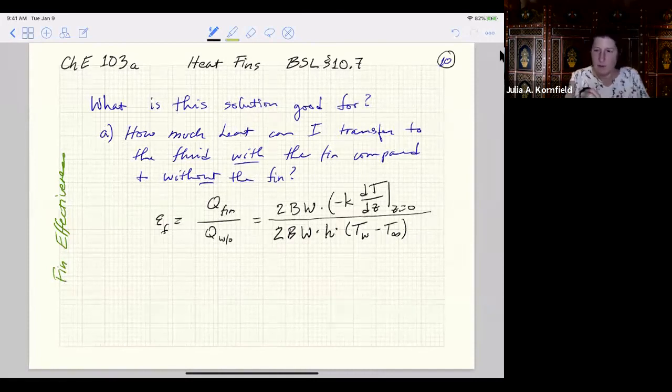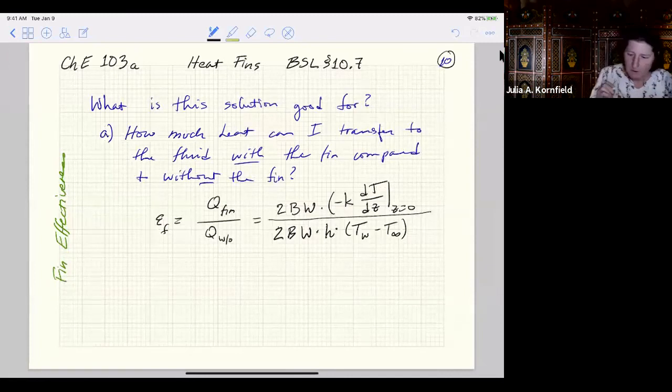That's the amount of energy that's now going through that same area because it's being conducted out and then transferred to the fluid out on the fin. So we have our expression for T as a function of the parameters in the problem.